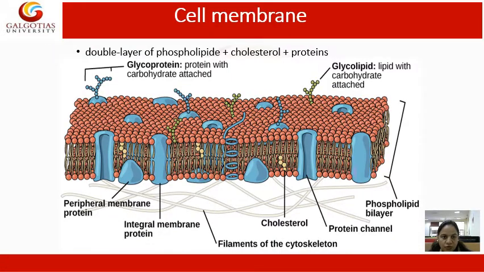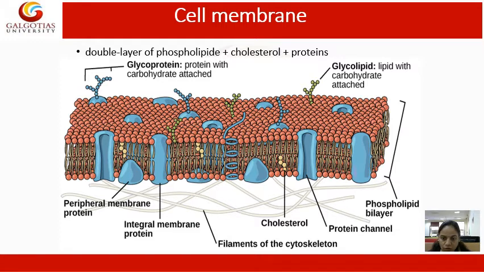So I hope you remember the phospholipid bilayer, the double layer of phospholipids, the cholesterol, the glycoprotein, that is protein and carbohydrate attached together, the glycolipid, lipids with carbohydrate, and the peripheral membrane protein, the integral membrane protein, the other cytoskeletons, the cholesterol part, the protein channel, and the phospholipid bilayer.